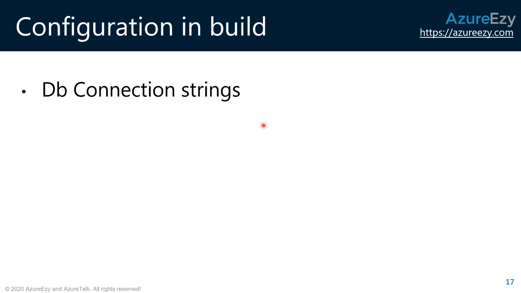If you are not replacing your connection string during the build, and suppose you have generated your artifacts with a developer connection string, and then your deployment team is changing that connection string in the artifact that you have given, which is coming out of your build pipeline, that is not a correct best practice. It is not the right way of dealing with artifacts.